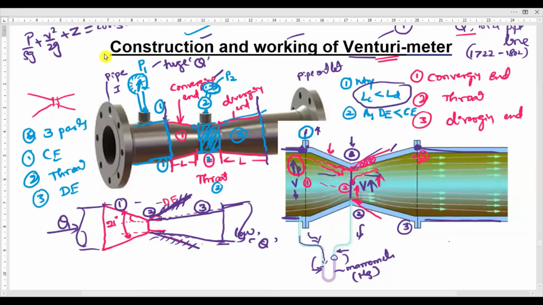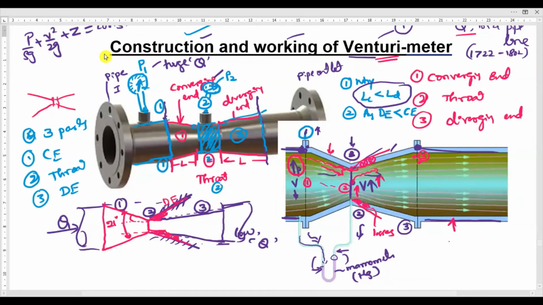If you take a larger area or larger angle, there will be formation of eddies. Due to the formation of eddies, some losses will be produced. Understood? Due to those losses, there is a failure to the pipe as well as to the venturimeter. Understood?